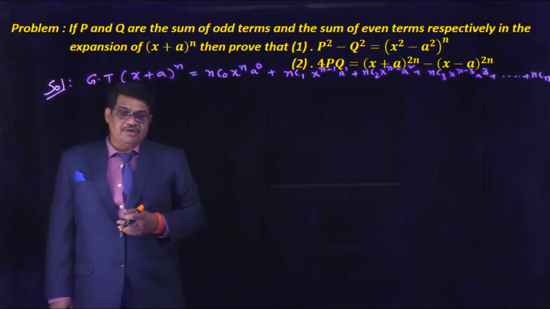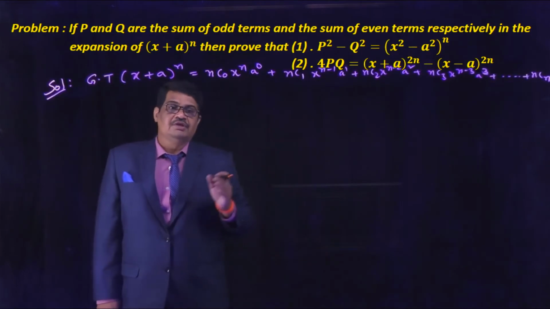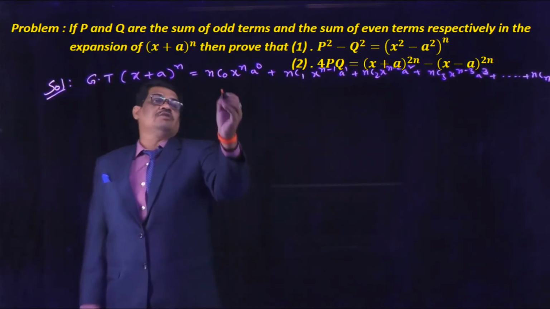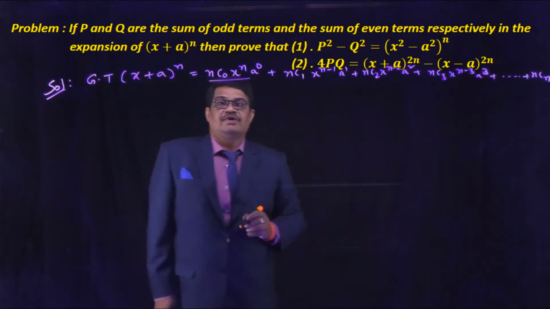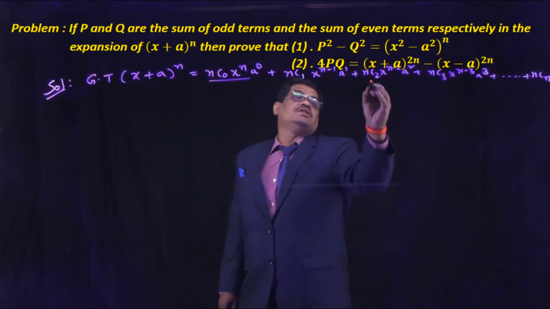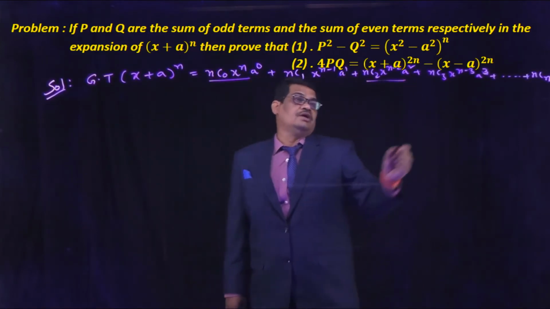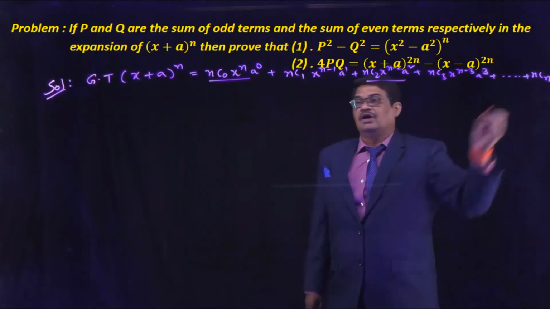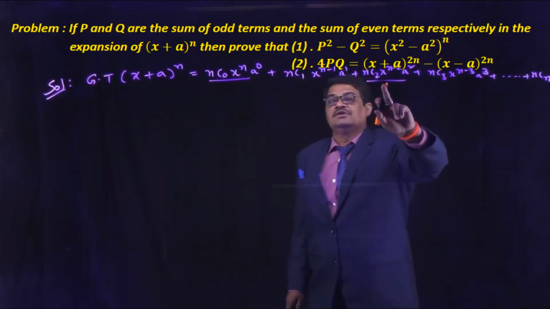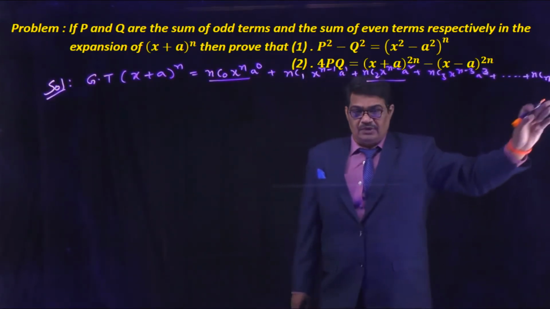Here it is given that P is the sum of the odd terms. So what are the odd terms? The first term is nC0 x^n a^0, and this is the third term, and the next is the fifth term, and so on. These are the odd terms: first term, third term and fifth term, and so on.